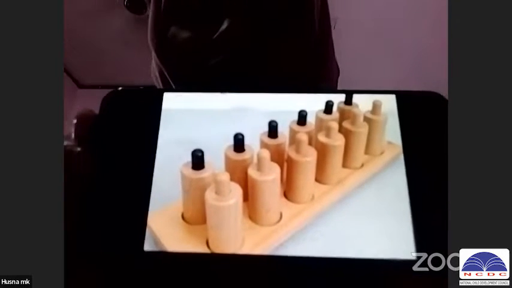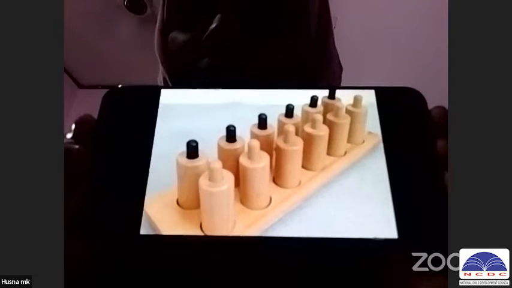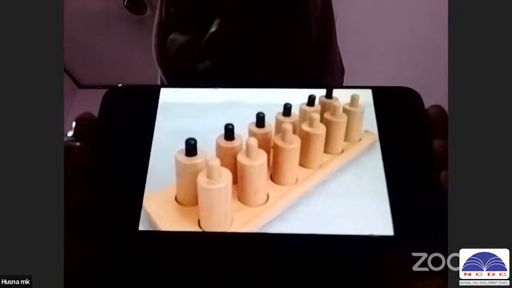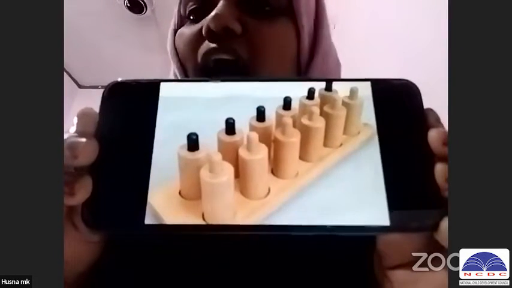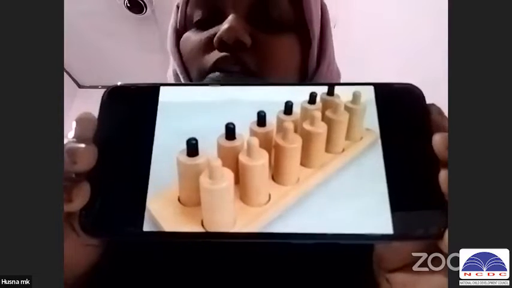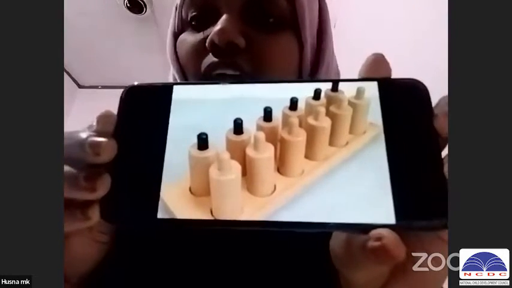Yes, I'm made of wood, and I have 6 pairs of knobbed cylinders. The knobs are wooden and black in color. Children can apply pressure on the knobs and determine the resistance.